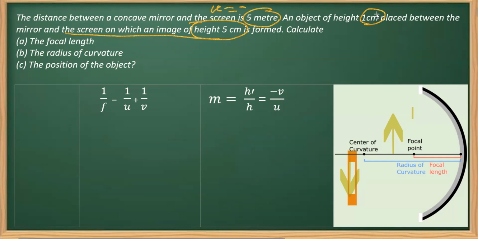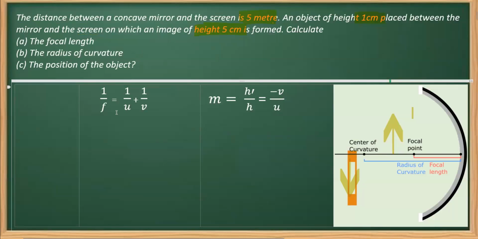So let's write down all the information that we have symbolically. The information that we have is the screen distance of 5 meters, the height of the object 1 centimeter, and the height of the image as 5 centimeters. The image distance is indicated by v, so we write v is equal to minus 5 meters.